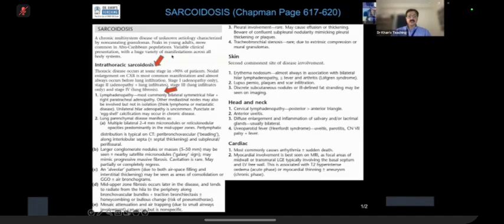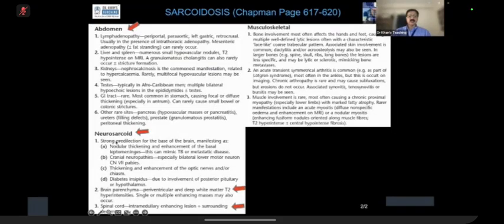Now, revise your sarcoidosis from Chapman. This is the consolidated intrathoracic sarcoidosis. We know that there are stages 1, 2, 3, and lymphadenopathy is one of the stages. Again in the abdomen, you can have lymphadenopathy and other stigmata. As far as neuro is concerned, please remember it can have brain parenchymal abnormality, as well as single or multiple enhancing masses.